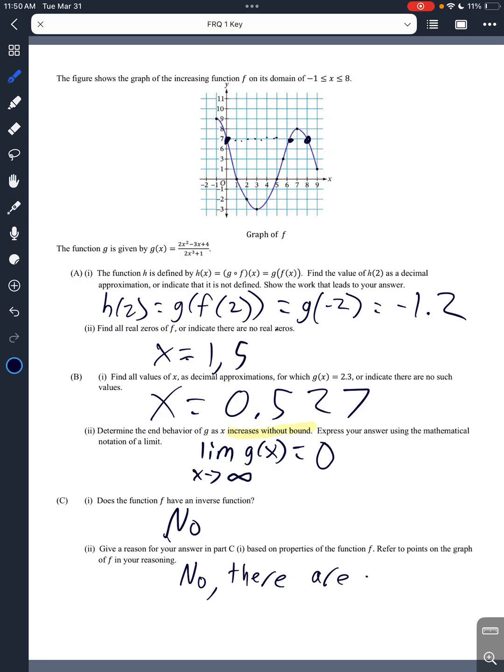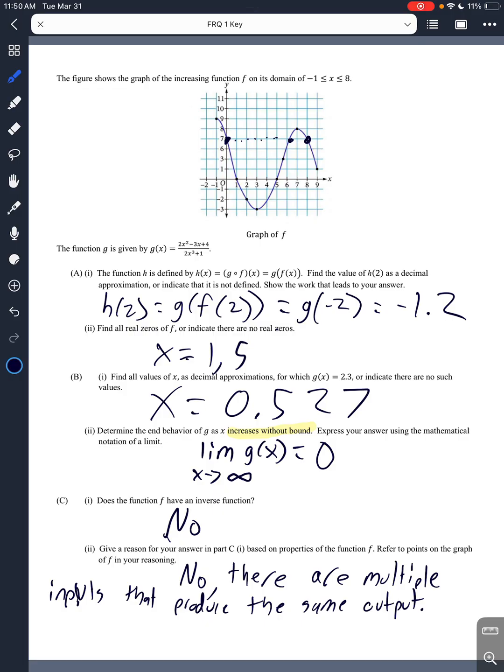There are multiple inputs that produce the same output.